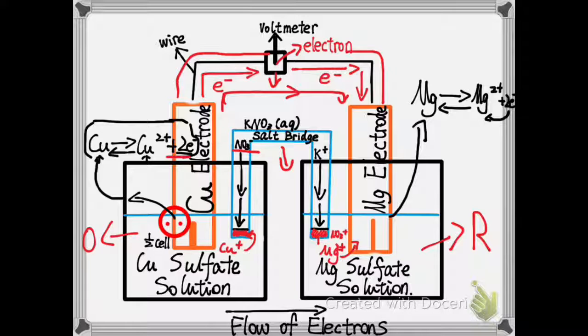Without the salt bridge, the positive and the negative charge will build up around the electrodes, and it will make the reaction stop. And the electrons always flow from the oxidation half to the reduction half. So basically, that is how the Voltaic cell works.